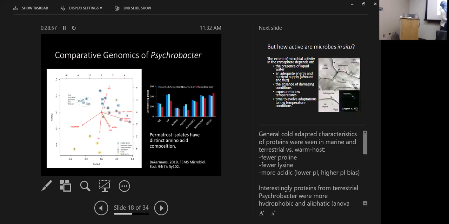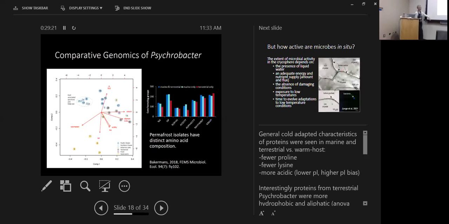Interestingly enough, the terrestrials kind of move over here, and we can see, as was verified by some ANOVA analysis of these data, that they do have a significantly higher aliphatic content than the marine Psychrobacter. So the proteins from the terrestrial Psychrobacter appear to be more hydrophobic.